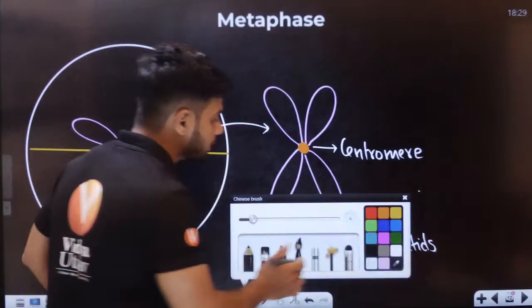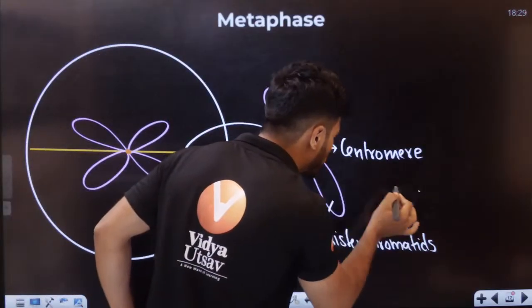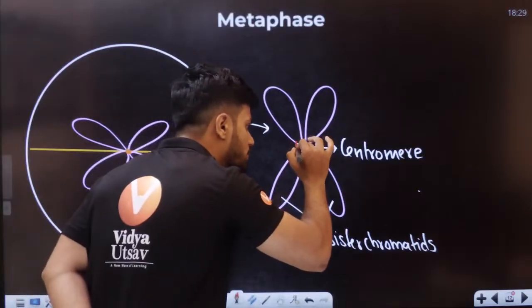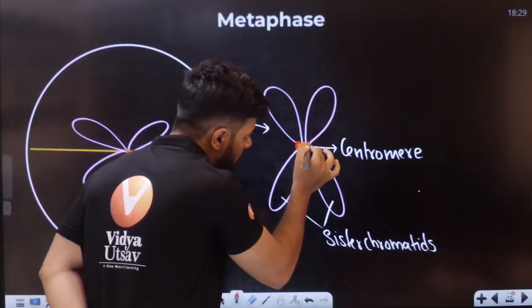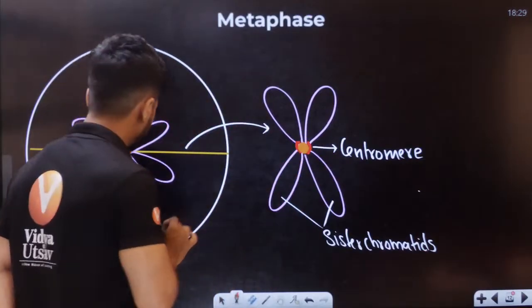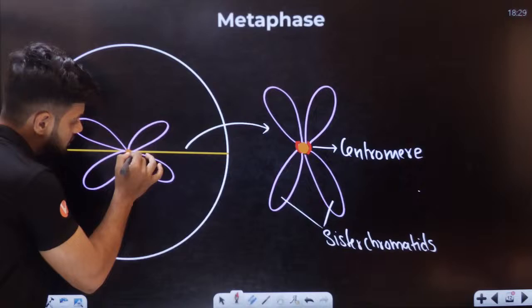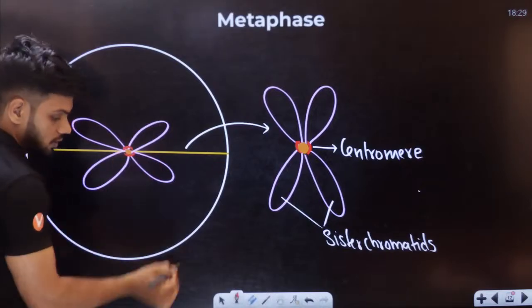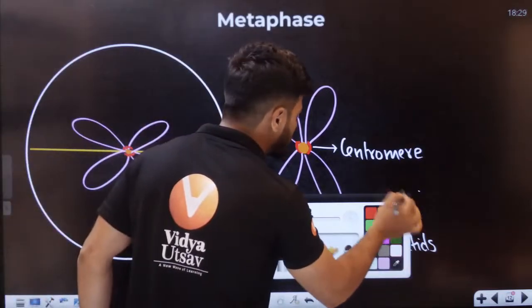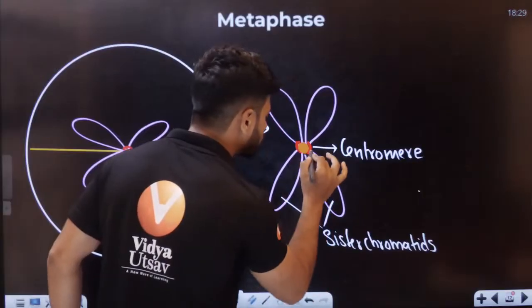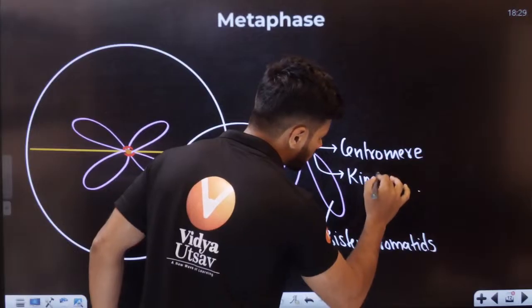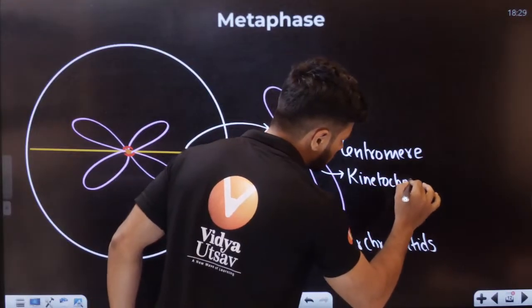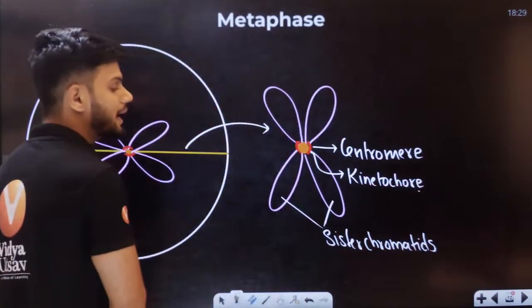If all of you properly notice, around the centromere there is a cup-shaped structure here. Here also we can see a cup-shaped structure. Now, this cup-shaped structure is called the kinetochore.